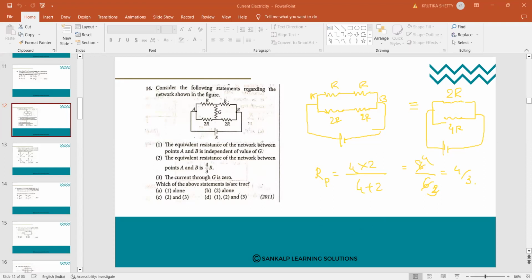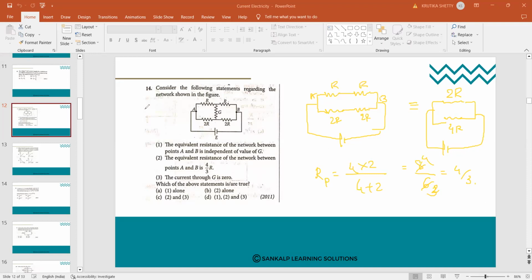The equivalent resistance between the points A and B is independent of G. Yes, because of the balancing condition, it is not depending on G. The equivalent resistance between A and B is 4 by 3, correct. The current through G is 0. Yes, all three statements are correct. Therefore, option D is the right answer. All the given options are correct. Hence, we have proved it here.